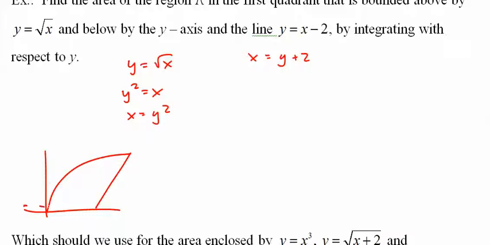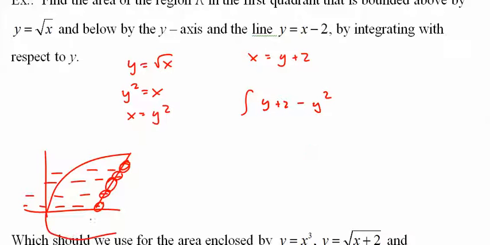And if you draw vertical lines like this, one's always on top. So you would say the integral, I'm not sure what the limits are, of y plus 2 minus y squared. Now y squared actually goes down here, so this would give us a big thing, so I've got to say bottom is 0. And the top, the x was 4, but the y was 2, so you've got to make sure you do the y with respect to y.